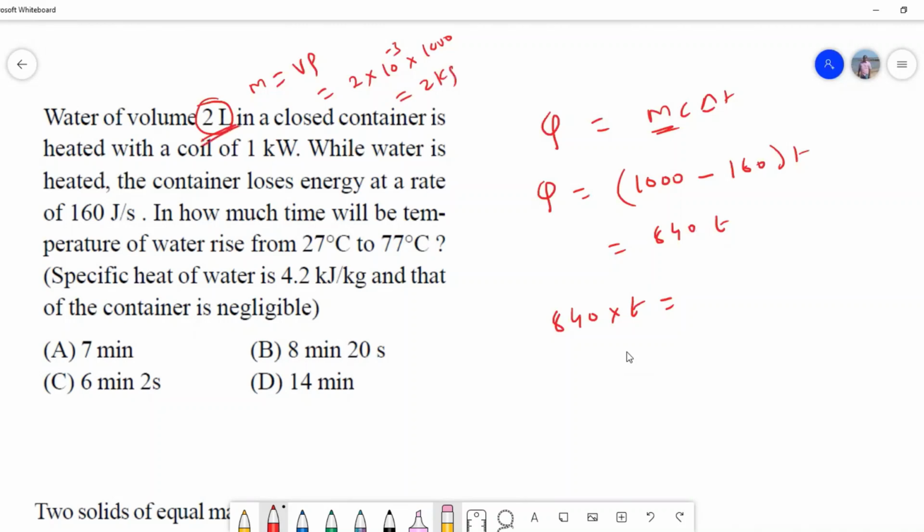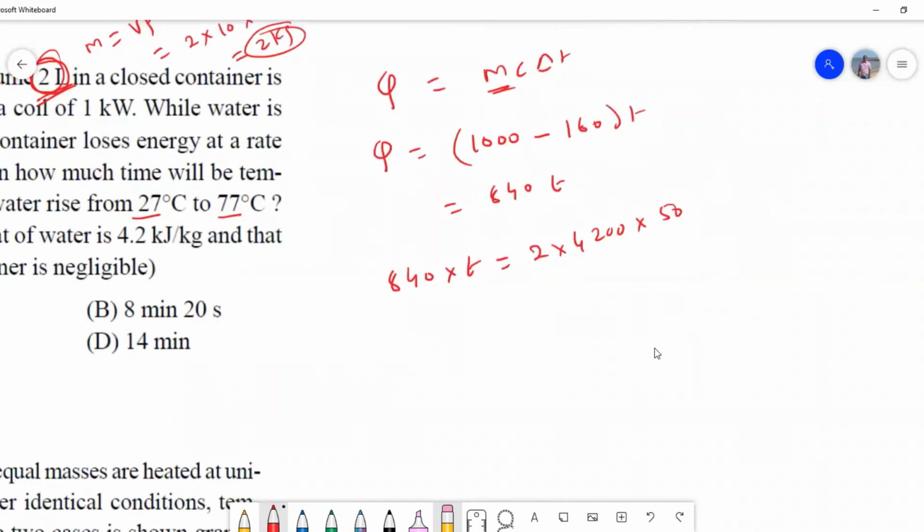So if you take water, whether you say 2 liters or 2 kg, doesn't make any difference. So 2 into, since it is joules, take that in joules, 4200. Change of temperature is 50. That is very important. So here we need to find out time.